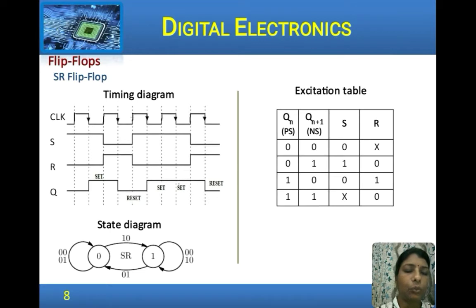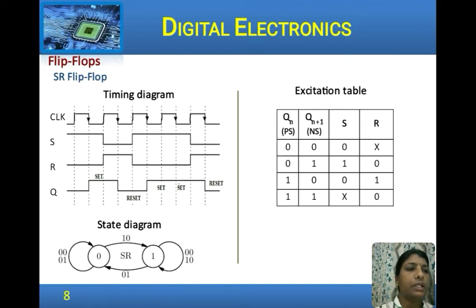And when it is in 1, if 0, 0 is given, it continues to remain in the same state. And if 1, 0 is given, even there it remains in the same state. Whereas, when it is in state 1 and the inputs are 0, 1, then it moves to state 0. So, the state diagram is obtained from the truth table.